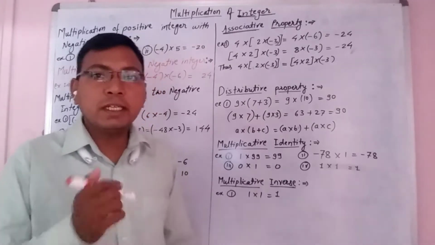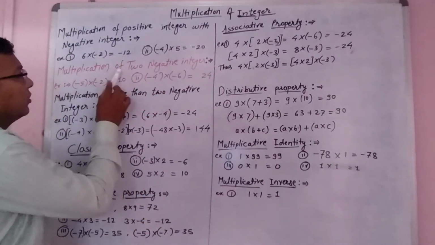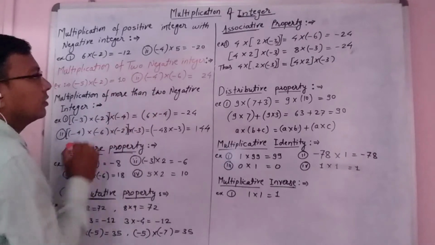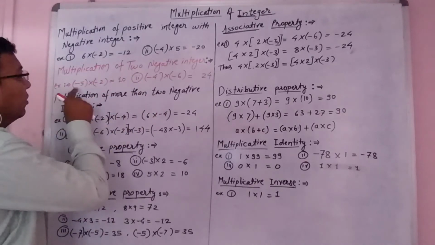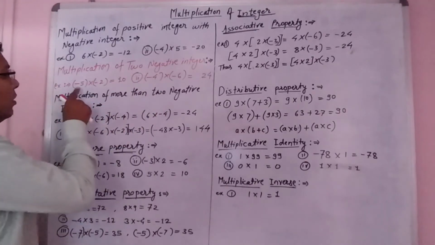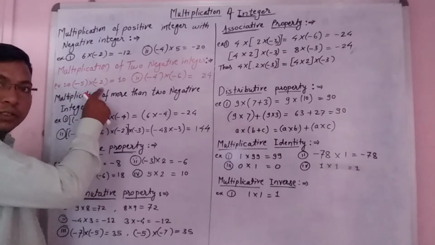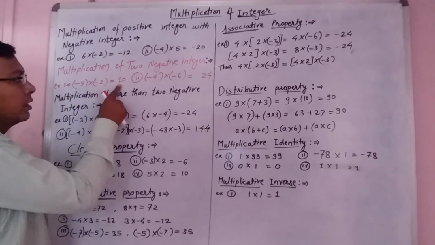Then the second rule is the multiplication of two negative integers. Here we take two negative integers, minus 5 into minus 2, and we get the answer positive, that is 10.